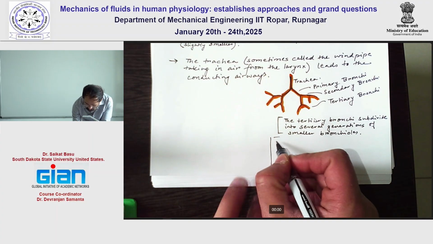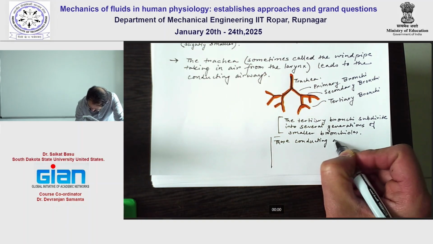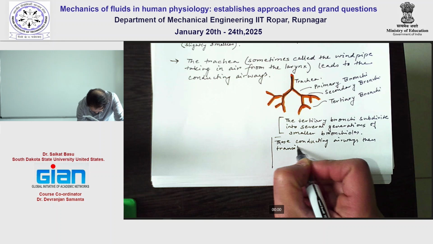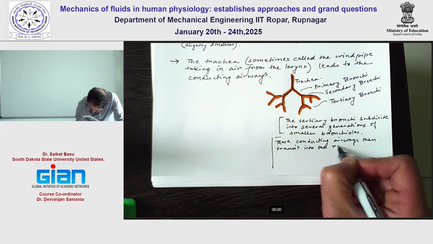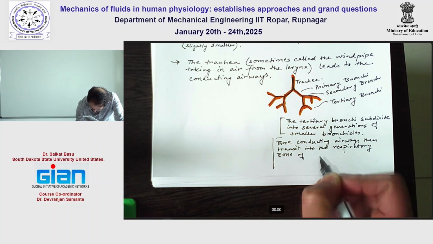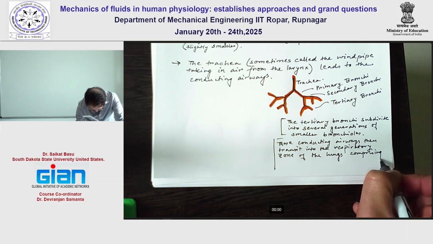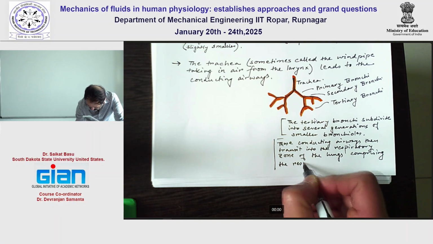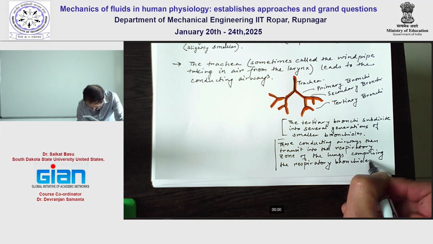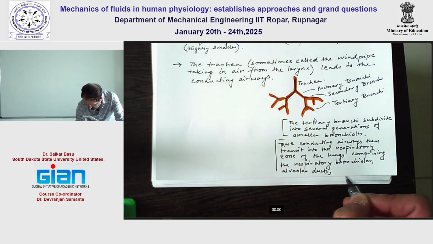So, these conducting airways then transit into the respiratory zone of the lungs, comprising the respiratory bronchioles, the alveolar ducts, and the alveoli.